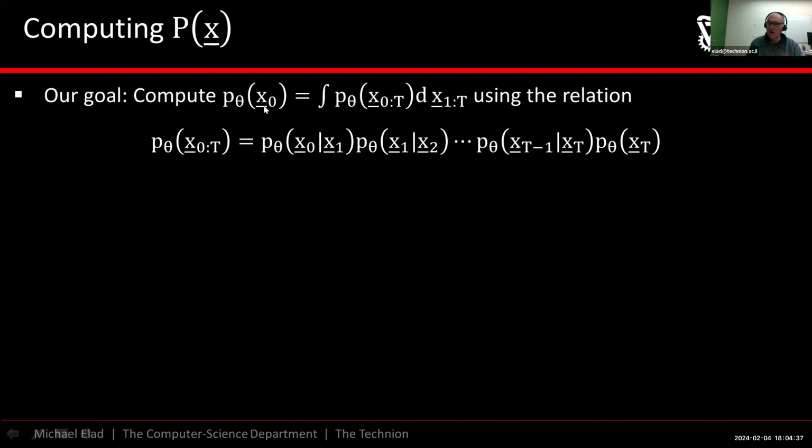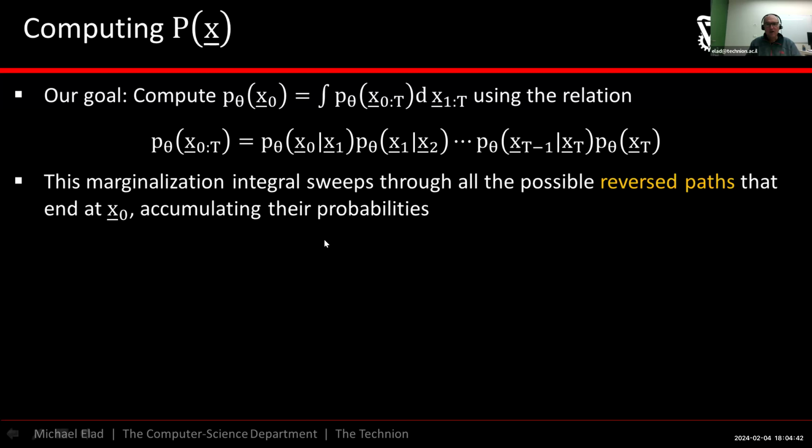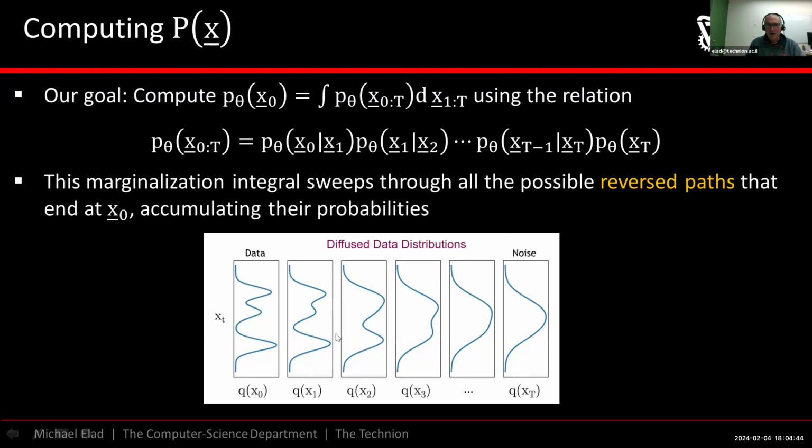And this is quite challenging because let me tell you what we are trying to do here. We just created x0 with a specific path. We want to know what is the probability of x0. We have the probability of the complete path. But, you know, there are other paths that could have landed on the same x0. 1, 2, 3, several such paths.